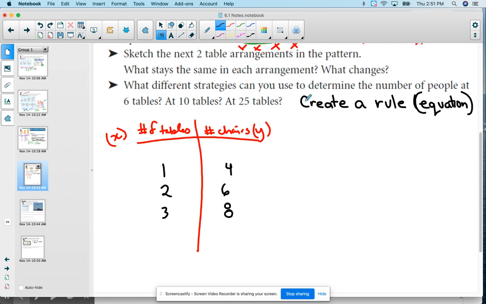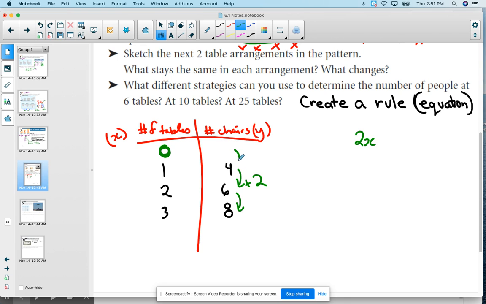So figure out the rule, figure out the equation. What are you going up by? You're going up by 2's. That tells me what I'm going to multiply x by. That's my coefficient. My constant comes from me figuring out at 0.